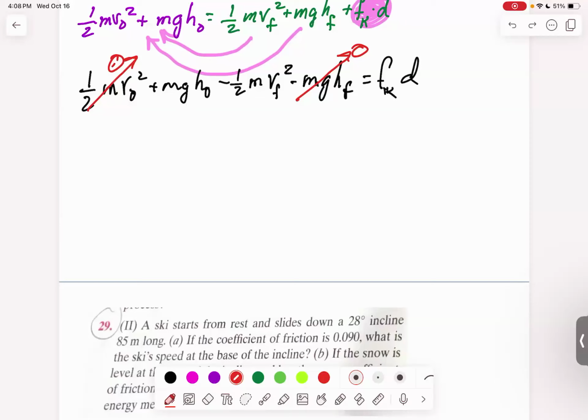So now we're ready to just simply plug in. So she was 16 kilograms.